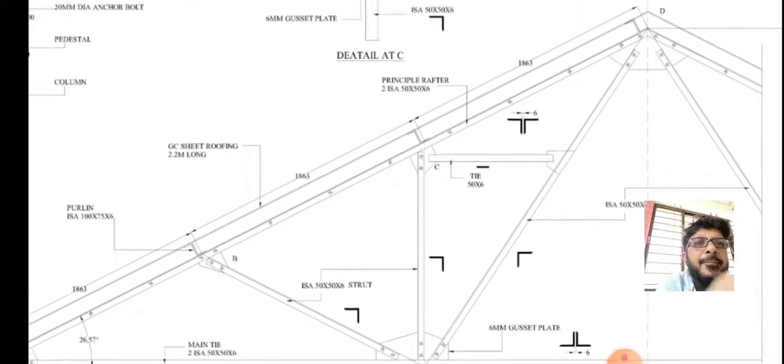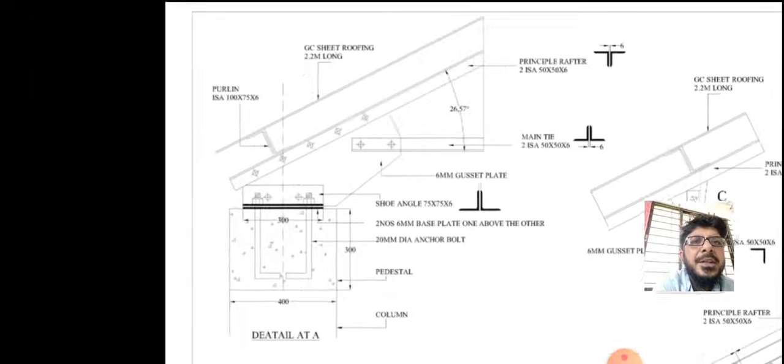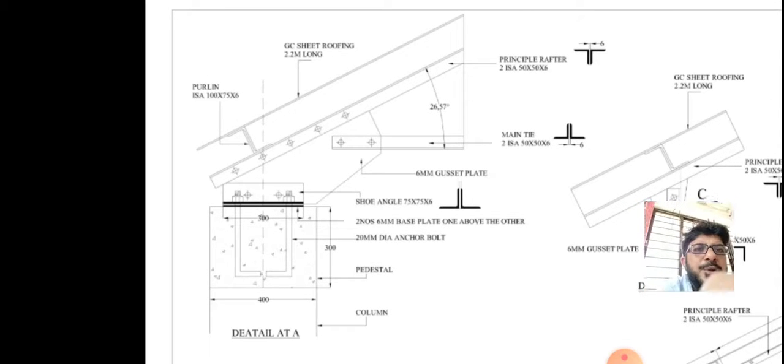If you enlarge the section of the support portion, we will find a column and a pedestal, and the column and trusses are fixed by means of base plates, and fixing will be achieved by anchor bolts. And we can see the joint portion of the truss.